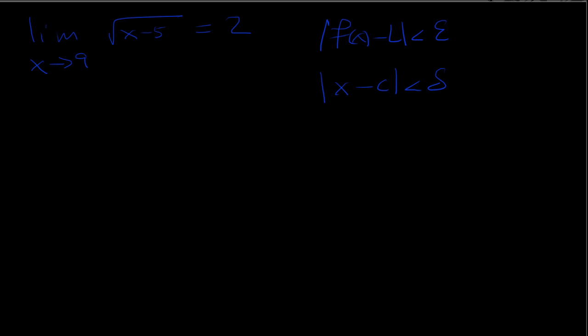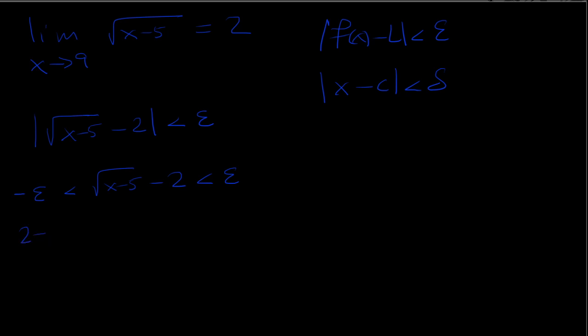So let's begin. I have the absolute value of square root of x minus 5 minus my limit less than epsilon. And that means that negative epsilon has to be less than square root of x minus 5 minus 2 less than epsilon. I'm going to add 2 to all the sides.